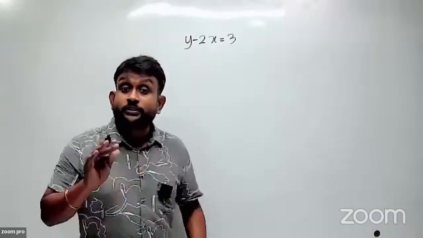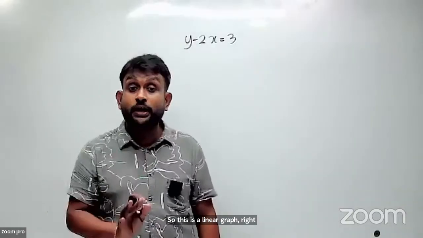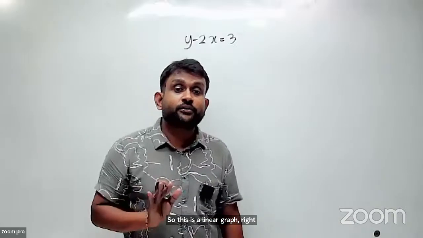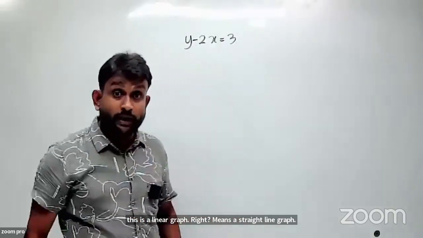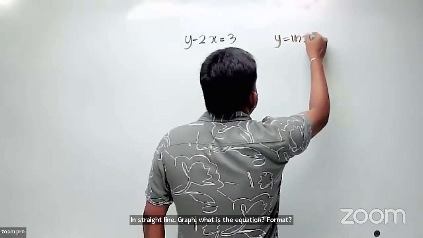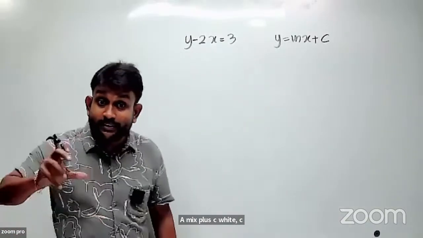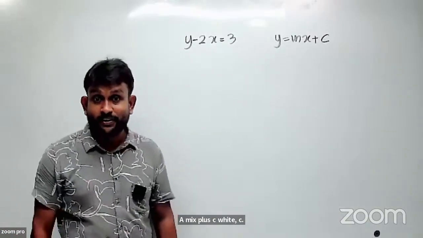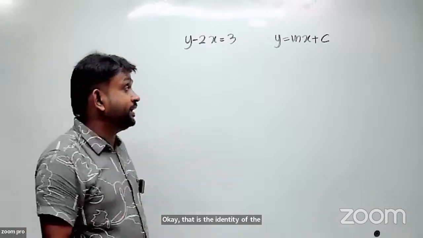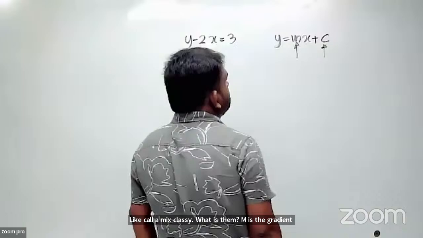So this is a linear graph, meaning a straight line graph. In a straight line graph, what is the equation format? That is y equals mx plus c. That is the identity of the straight line graph. What is m? m is the gradient and c is the intercept.